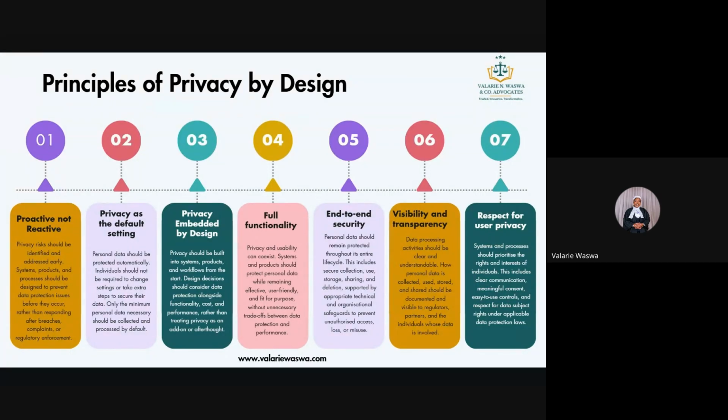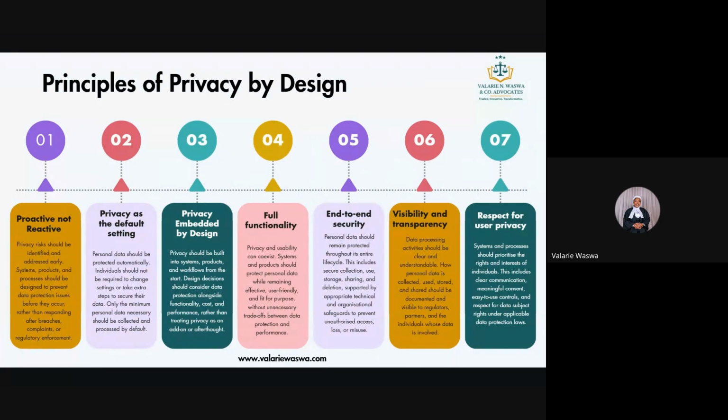This is a common global best practice framework that has been in place for more than 3 decades now. The person who came up with this was, I think, the head of the Data Protection Authority in Canada at that time.